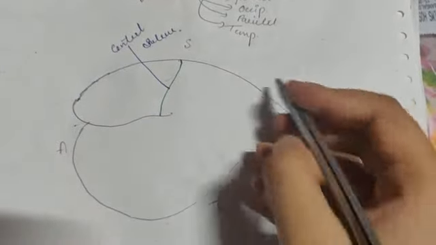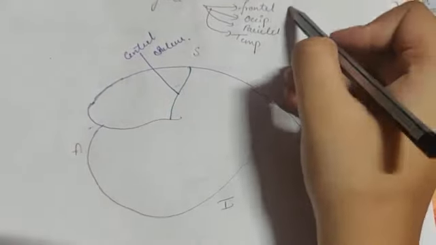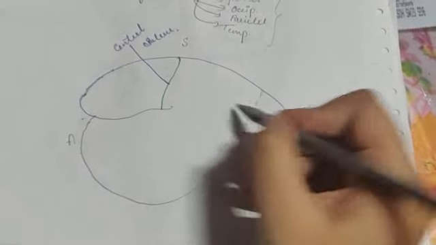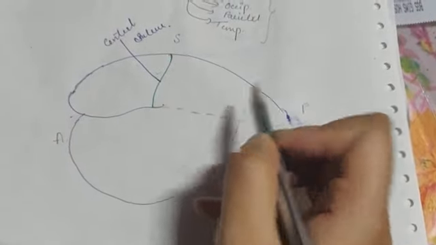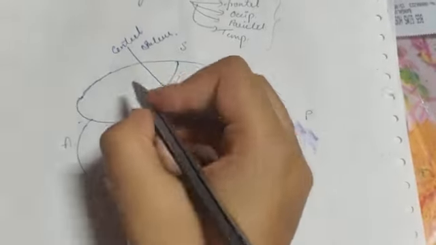Here this will be an imaginary line, that's why it's dotted. Because we have to divide it into four different lobes, I'll draw an imaginary line here and one here. So now the most posterior one is the occipital lobe, this is the frontal lobe, this is the parietal lobe, and this is the temporal lobe.